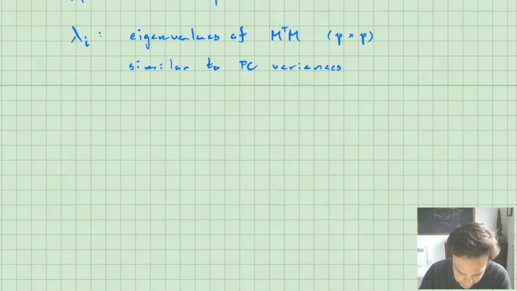There are going to be, let's say, r of them that are deemed non-zero.